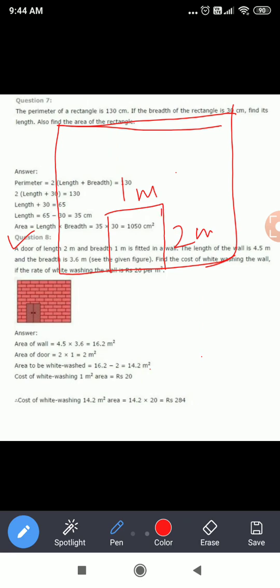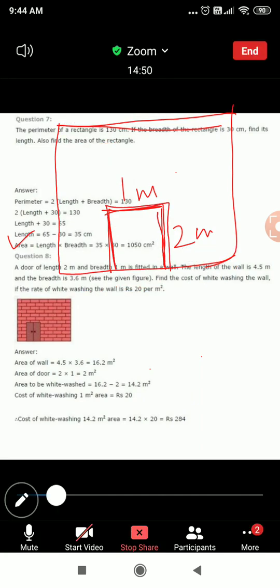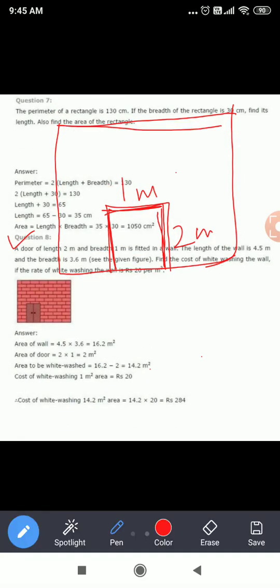That is, length is 2 meter and breadth is 1 meter. Now the length of the wall is given, that is 4.5 meter, and breadth is given 3.6 meters.